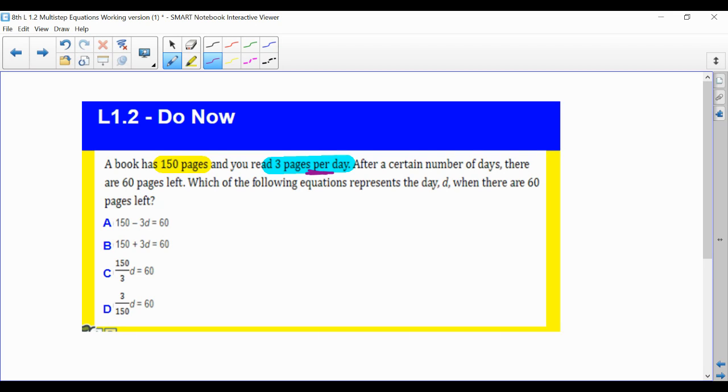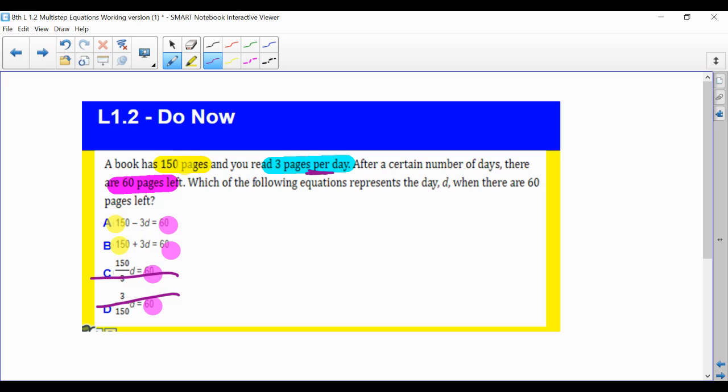After a certain number of days, there are 60 pages left. So this is telling us what it equals. Which of the following equations represents the day D where there are 60 pages left? So we said it's going to equal 60. And we have a constant of 150. That is by itself. That only applies to A and B in this problem.